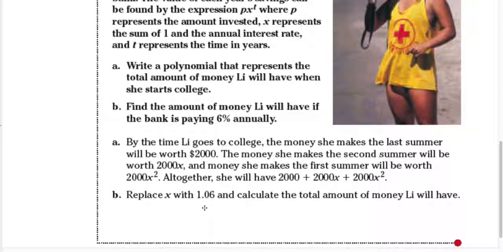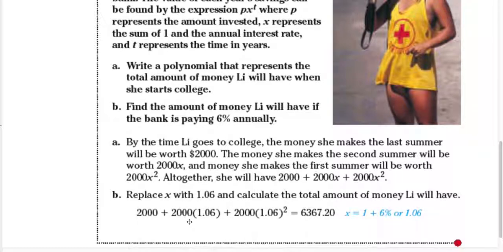Where did the 1 come from? Because remember, on the word problem it says x represents the sum of 1 and the annual interest rate. And the annual interest rate is 6%. As a decimal, it's 0.06. So we replace x with 1.06 and calculate the amount of money Lee would have earned.